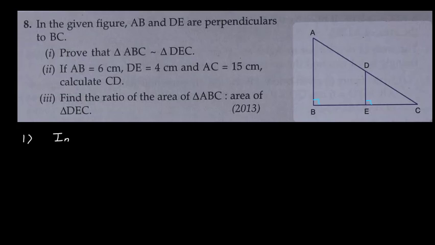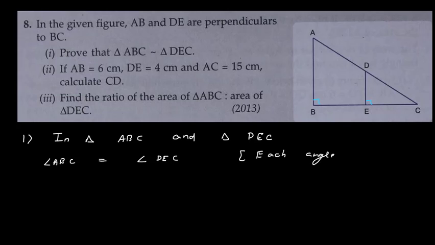In triangle ABC and triangle DEC, in these two triangles, first you can say that angle ABC is equal to angle DEC. It is already given each angle is 90 degree. Second, you will see that your angle C is common.